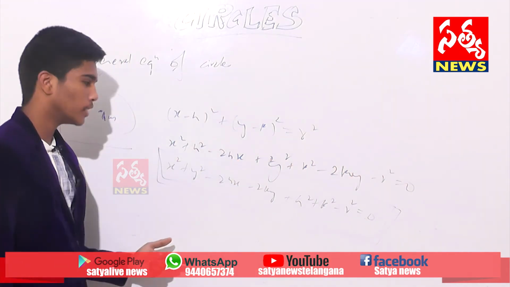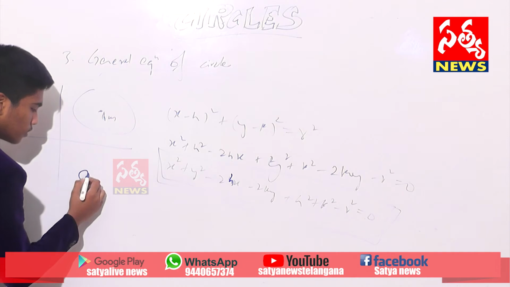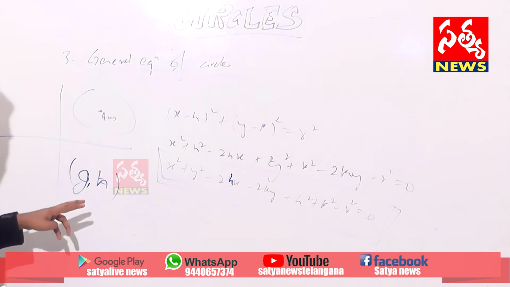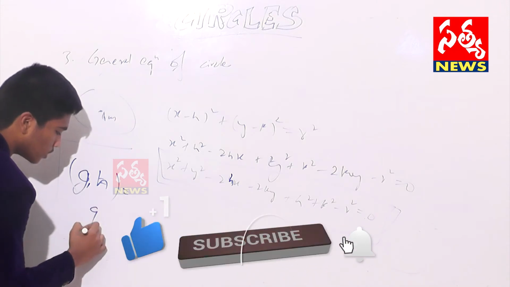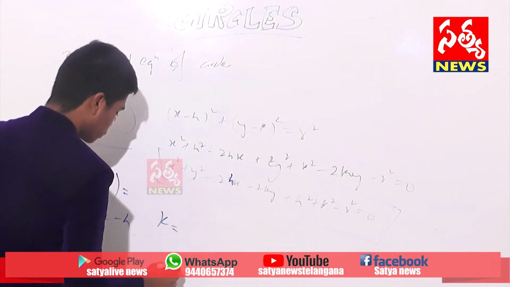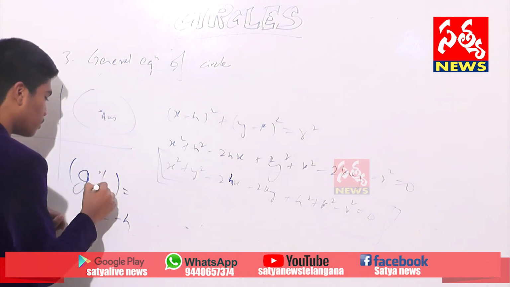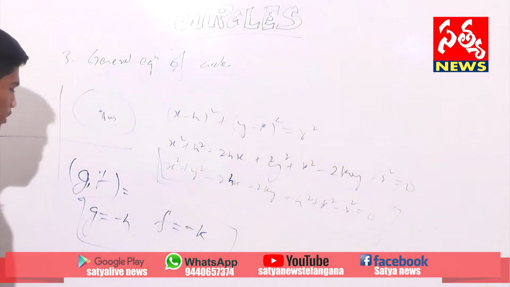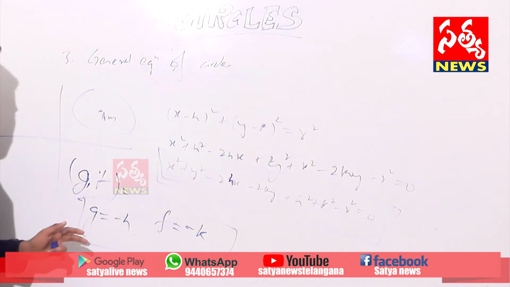From here, g comma f are the center coordinates, and from the equation we can directly write that g is equal to minus h and f is equal to minus k. Have to remember this, where g and f are the coordinates of the center.